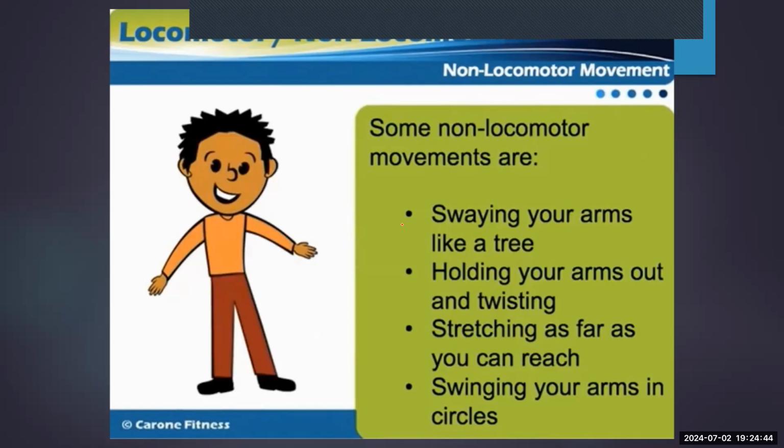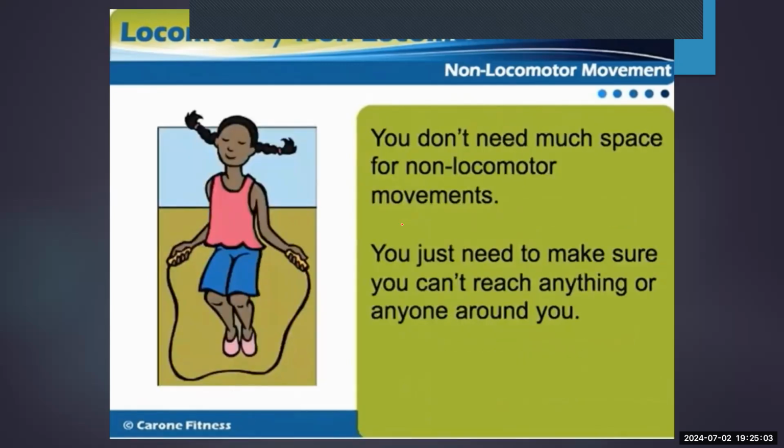Some non-locomotor movements that your body can do are swaying your arms like a tree, holding your arms out and twisting, stretching as far as you can reach, and swinging your arms in big circles. Remember, when you do non-locomotor skills, you don't need that much space. Unlike locomotor skills where you need lots of space.